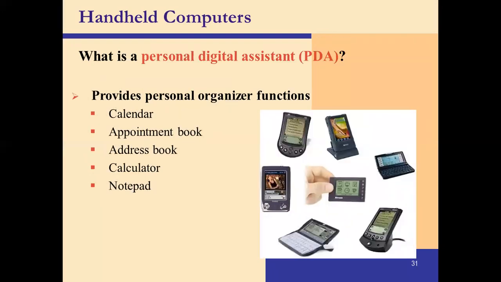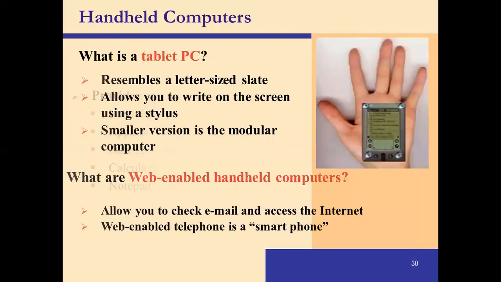Okay, next is what is a PDA, a personal digital assistant. Have you ever seen PDAs? No. Actually, these are devices that were used in the 1990s decade. Now you can hardly see these devices. These are obsolete devices that provide personal organizing functions. Basically, these are handheld.